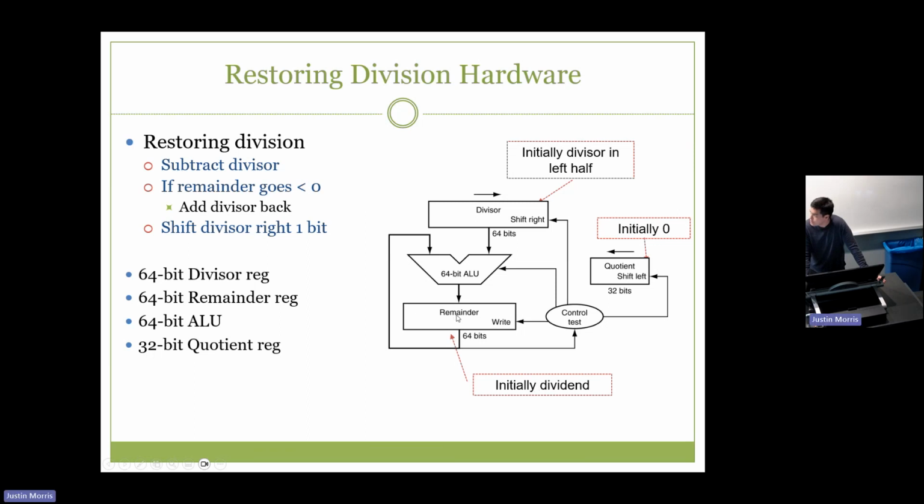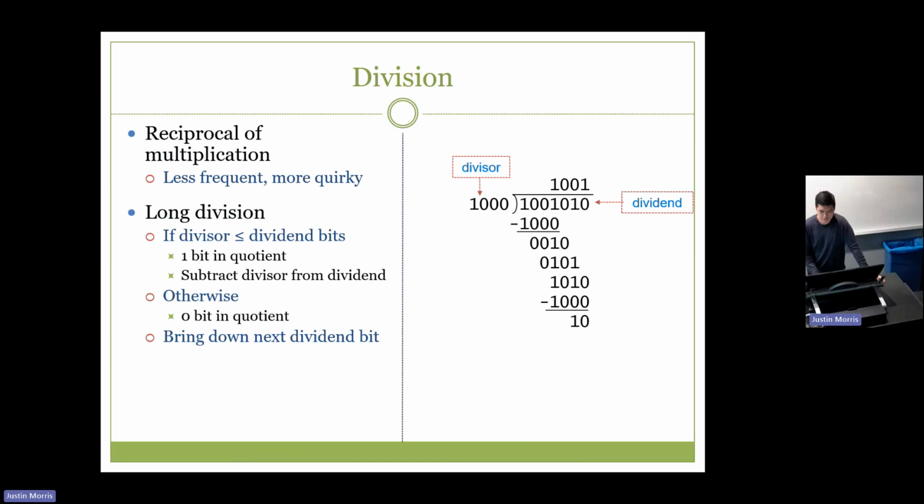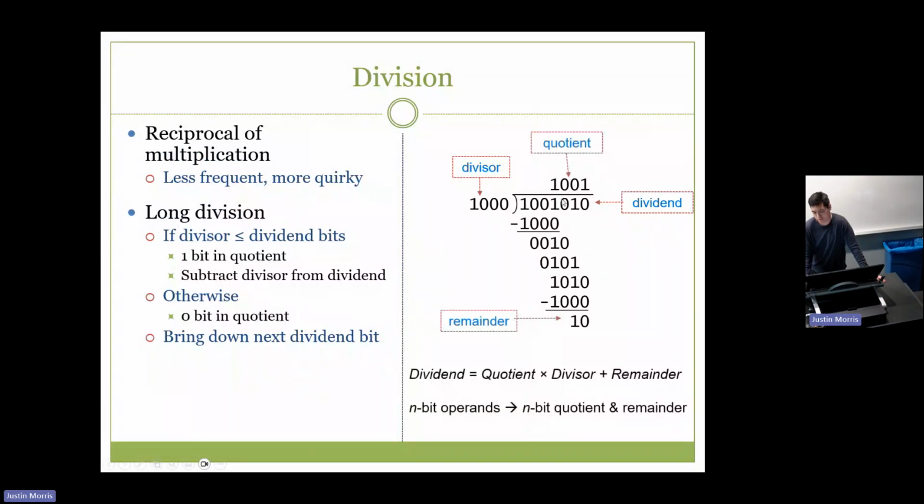So with the divisor in the left half, we subtract, right? Then we check the remainder. Was it negative? If it was, control says add the divisor back, and then shift right. The shift right corresponds to going to the next bit.